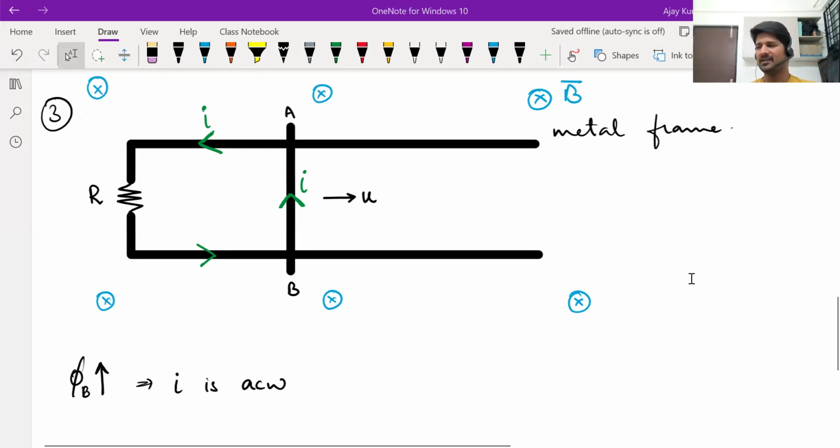What does a magnetic field do to a current carrying conductor? It exerts force on it.